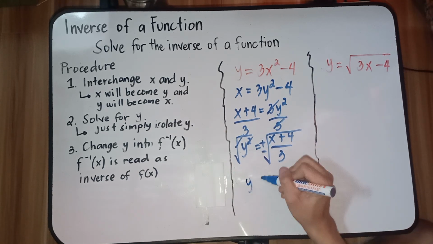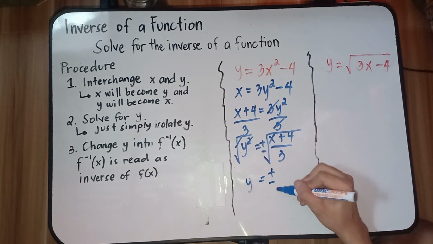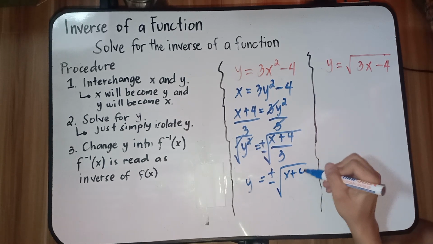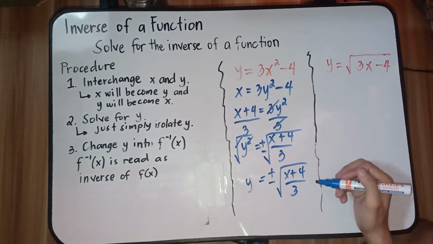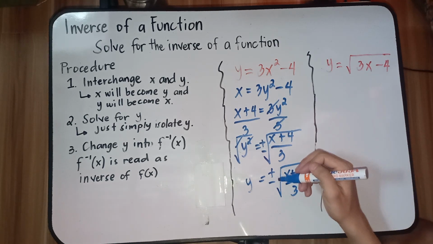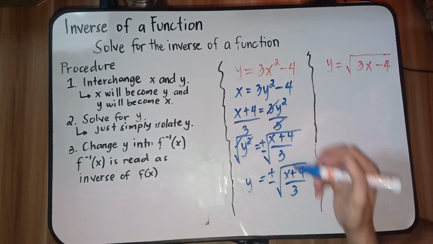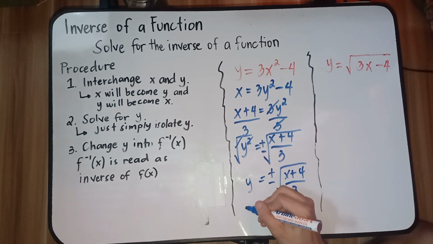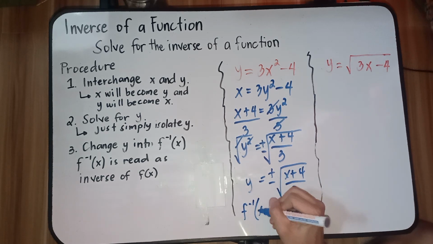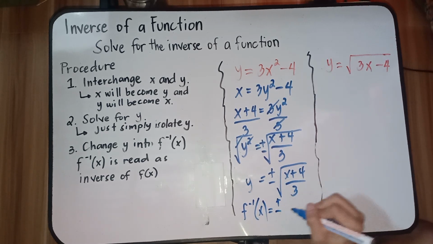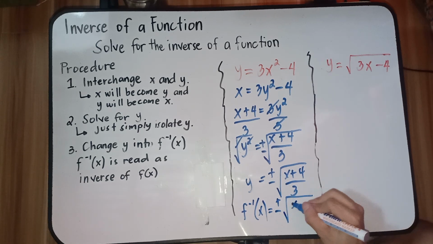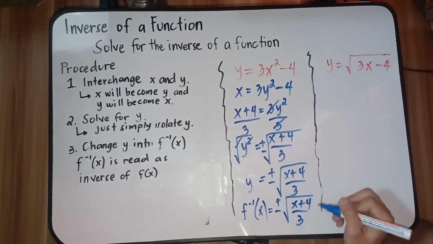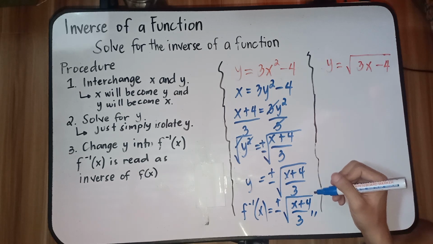So we have y is equal to positive and negative square root of x plus 4 over 3. Since we already isolated y, we can change y into inverse of f of x. So we have inverse of f of x is equal to positive and negative square root of x plus 4 over 3. And that is the final answer.